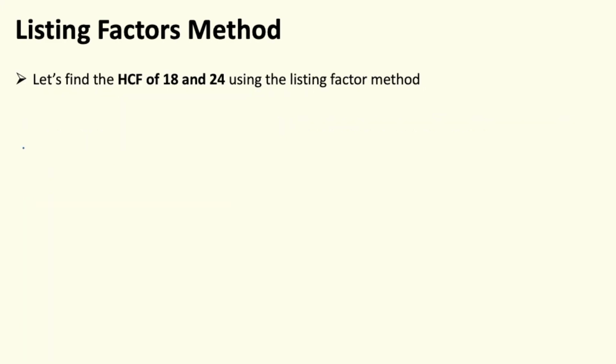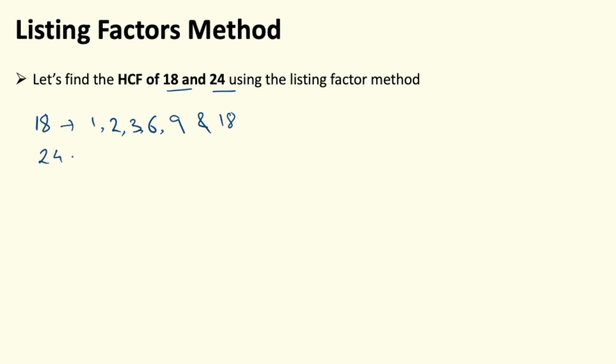Let's find the HCF of 18 and 24 using the listing factor method. As the first step, we have to list down the factors of the first number. So factors of 18 are 1, 2, 3, 6, 9 and 18.